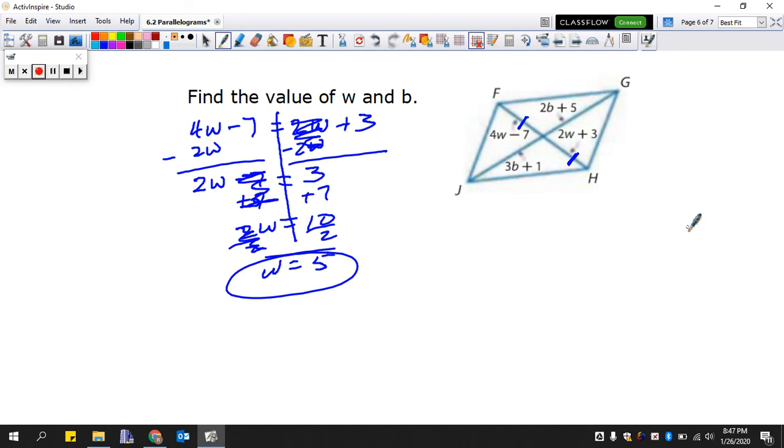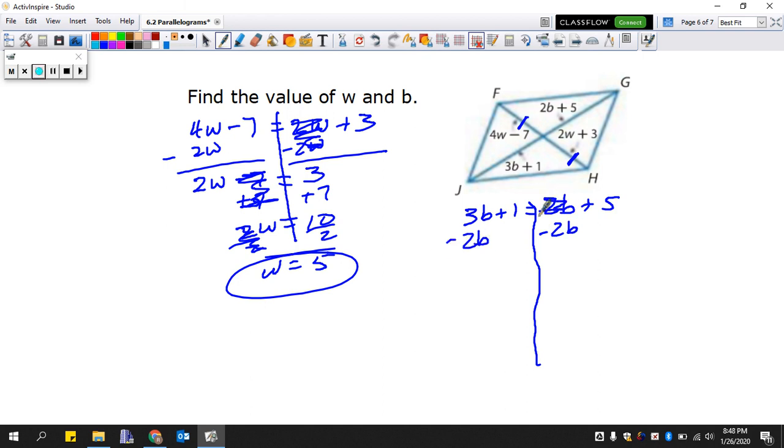If we solve for the b's, 3b plus 1 is equal to 2b plus 5. Combine our two b's. Bring the 2b from the right over to the left by subtracting it.